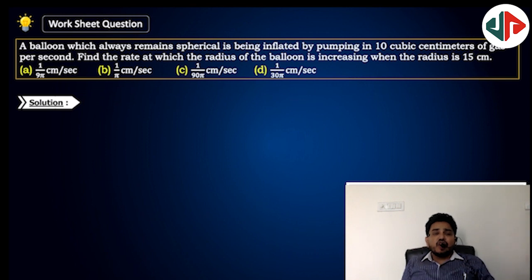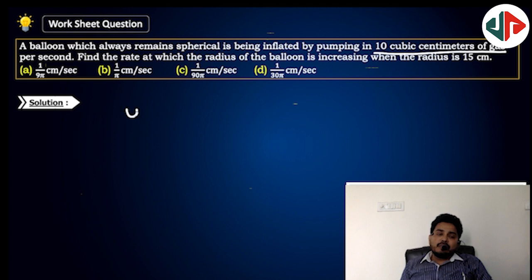A balloon which always remains a spherical shape is being inflated by pumping 10 cubic centimeters of gas per second. At what rate is the radius of the balloon increasing?